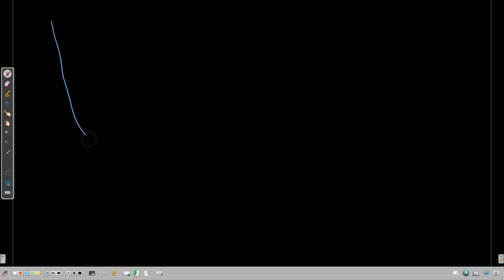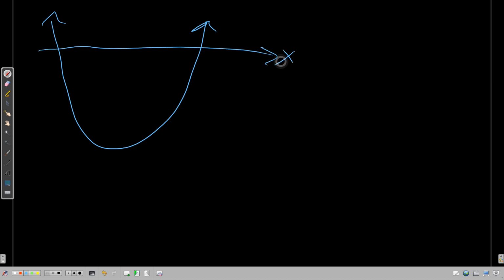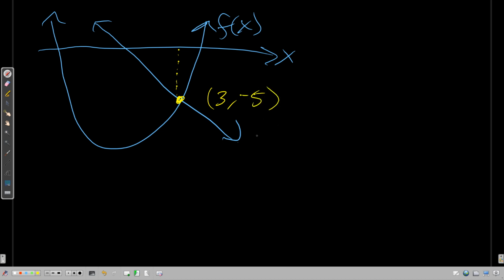So here is a function, and there's my x-axis, and so maybe this is just some function, and let's say I have a line coming like this, and this point where they intersect right here is, I don't know, how about the point 3 and -5. All right.